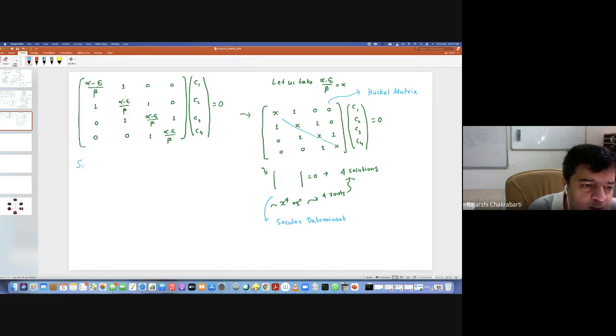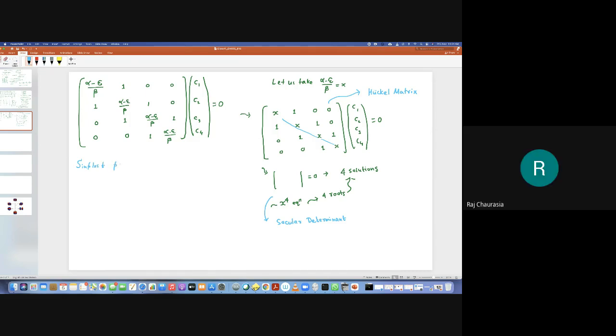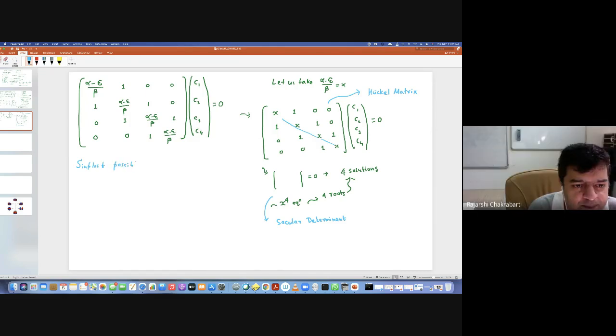What is the simplest possible system for pi electrons? Ethylene. So let us do ethene. I'm just drawing these pi orbitals, sorry, p orbitals.